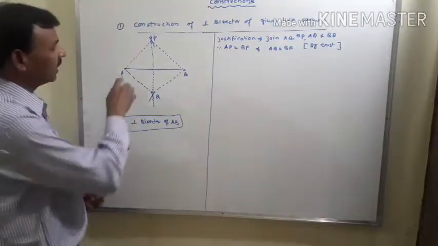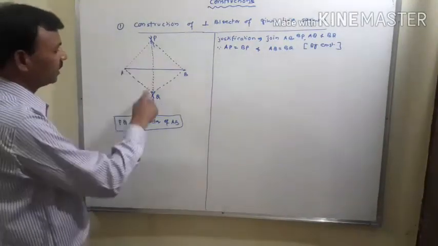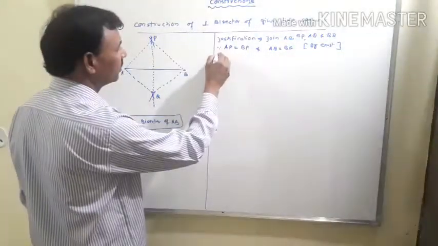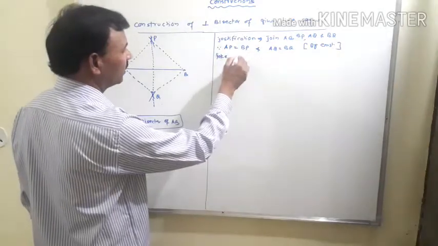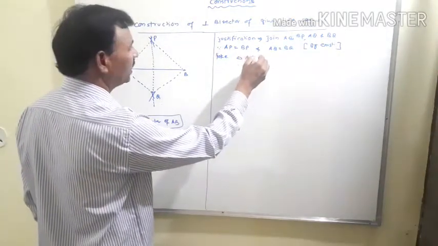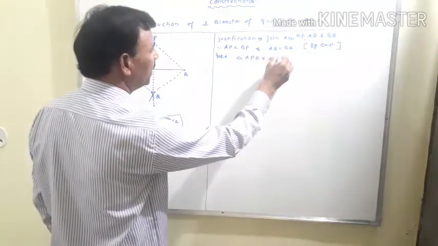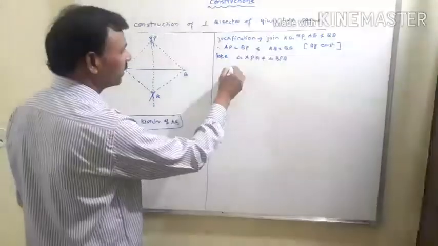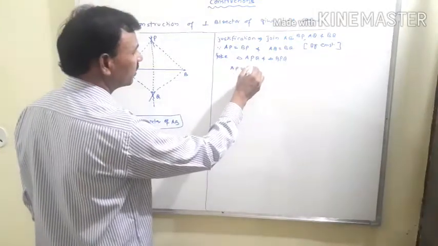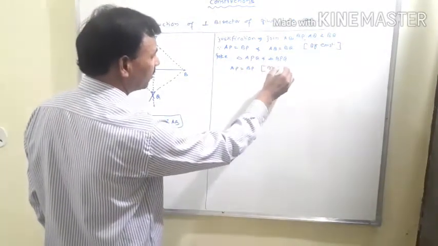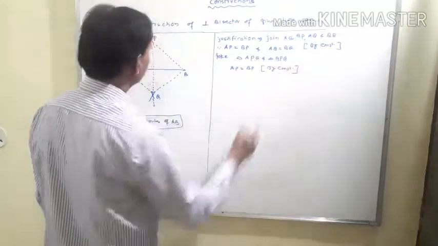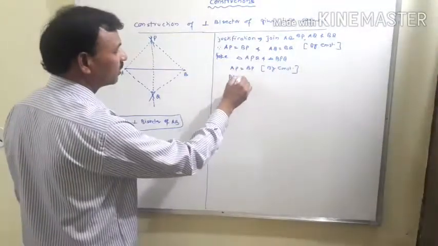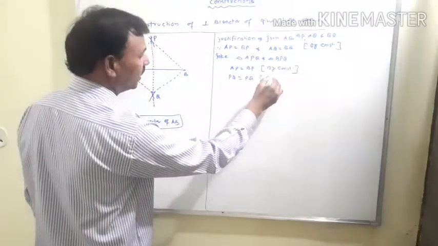As you see here, two triangles are formed, APQ and BPQ. So we take triangle APQ and triangle BPQ. AP equals BP by construction. PQ equals PQ, common.